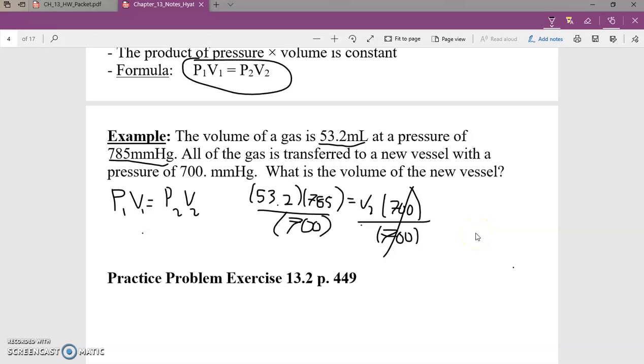I got a calculator right here. Let me just quickly do the math. We're at 59.7, and volume in milliliters. So that's how you calculate it with that type of equation.